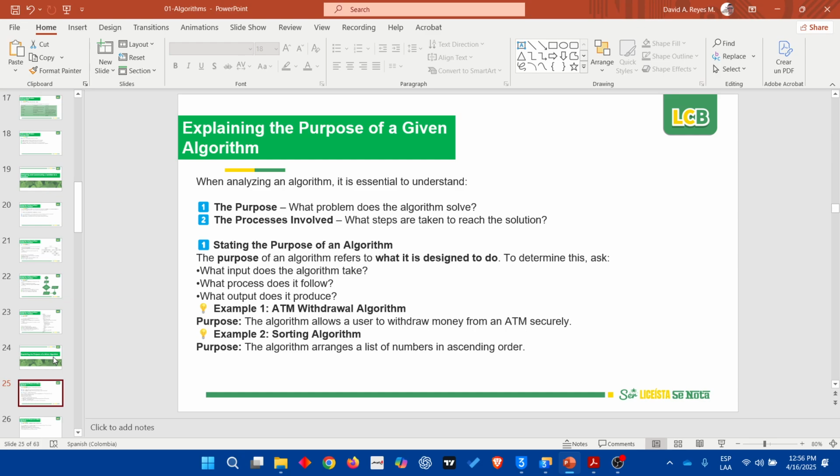Okay, so you need the purpose and you need to understand the process involved in the algorithm. So what steps are taken to reach the solution. Okay, so the purpose of an algorithm refers to what it is designed to do.